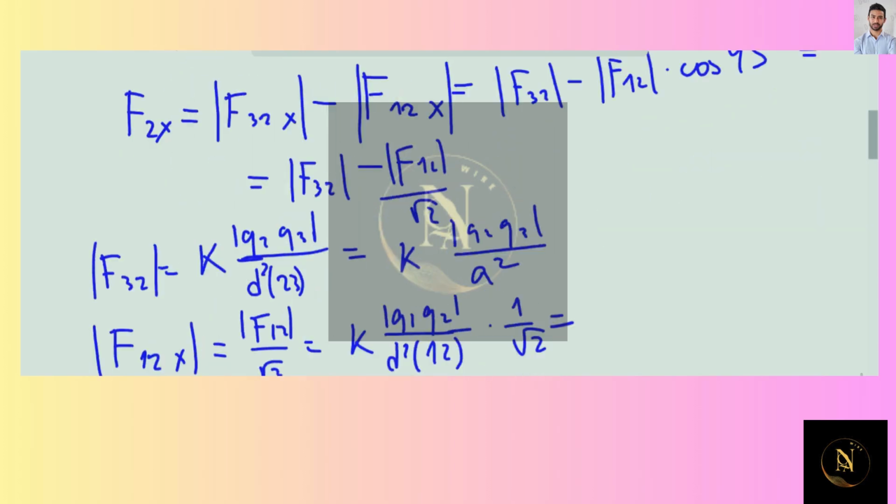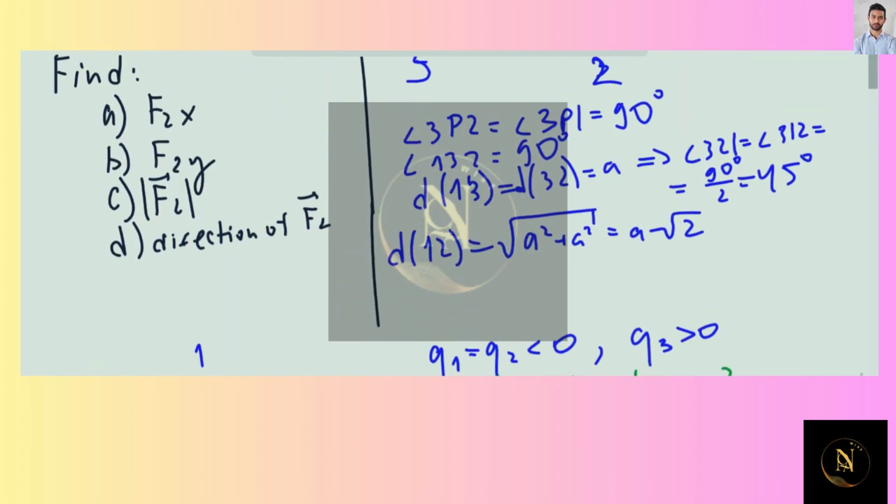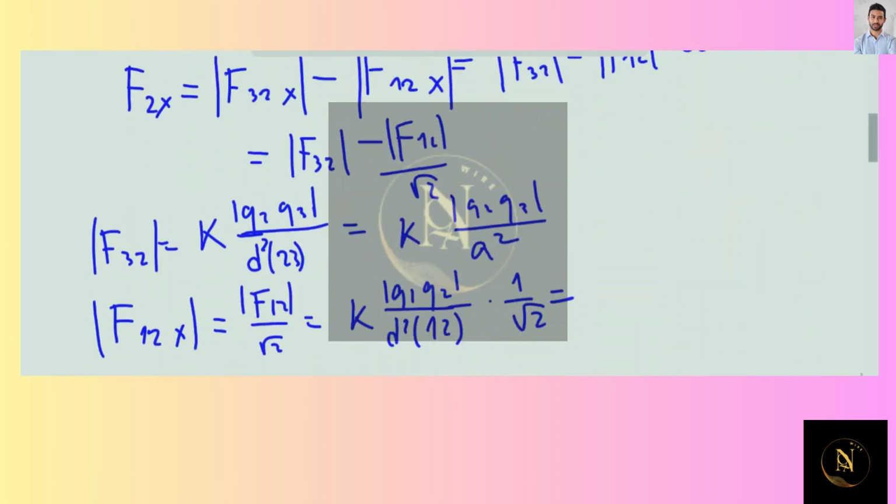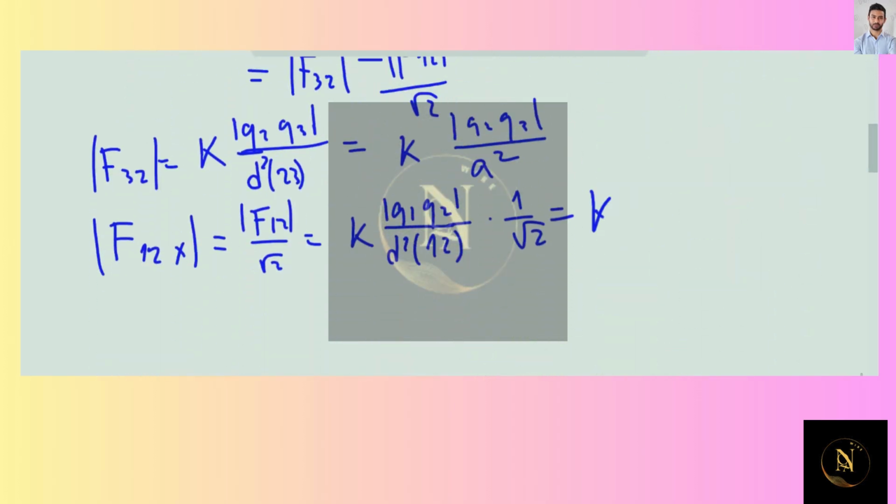So this distance, as we said, equals a multiplied by square root of 2. Therefore, this equation becomes k multiplied by the absolute value of q1 q2 over a squared multiplied by 2 square roots of 2. Okay, now let's calculate the x component.